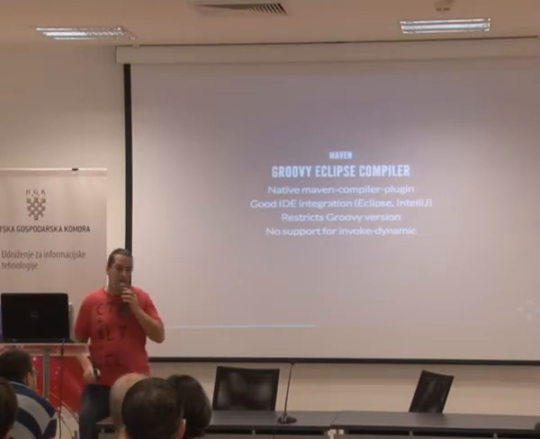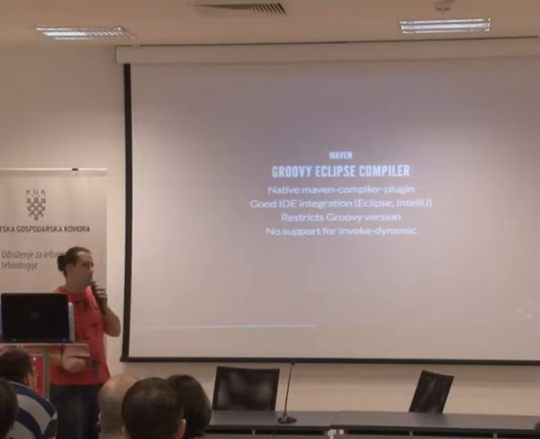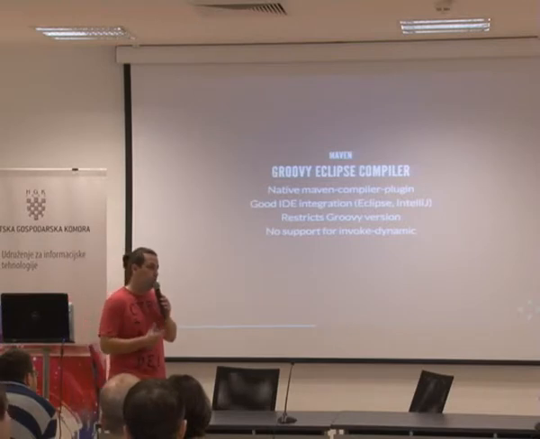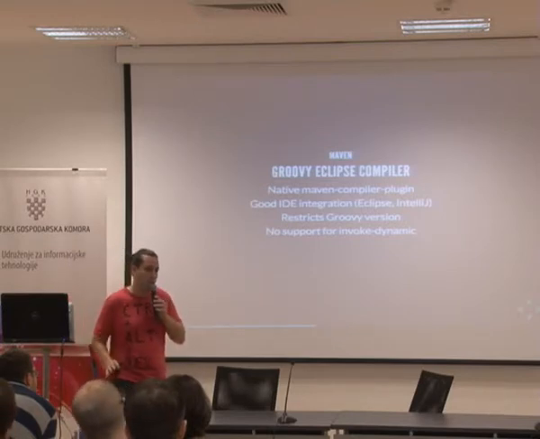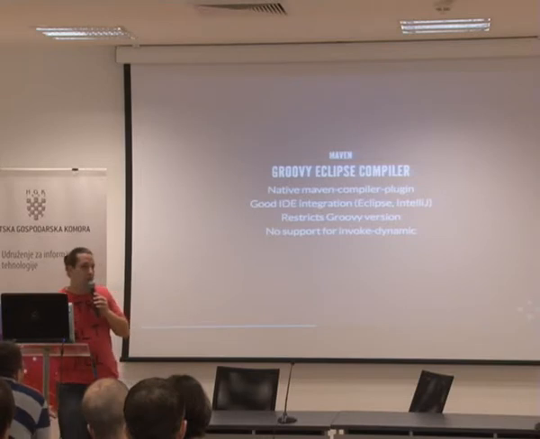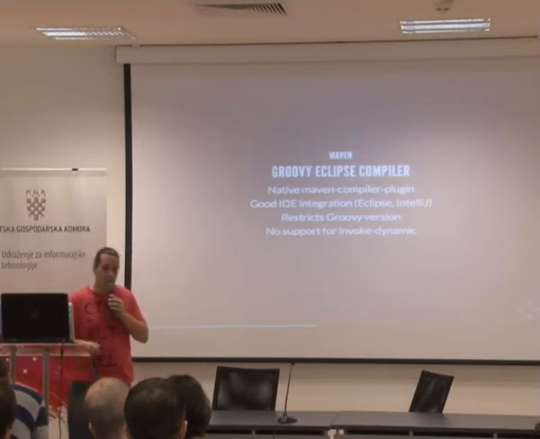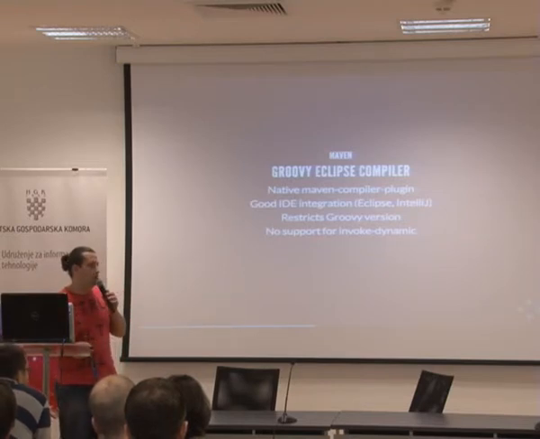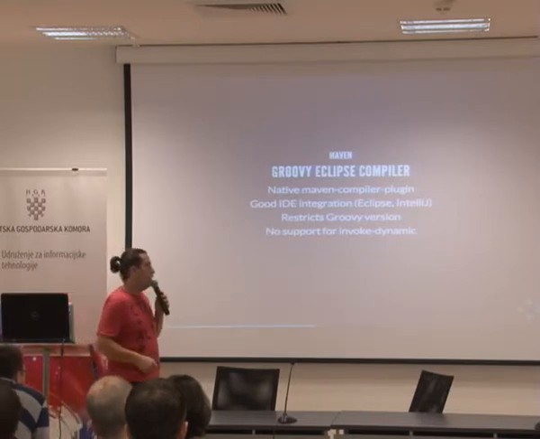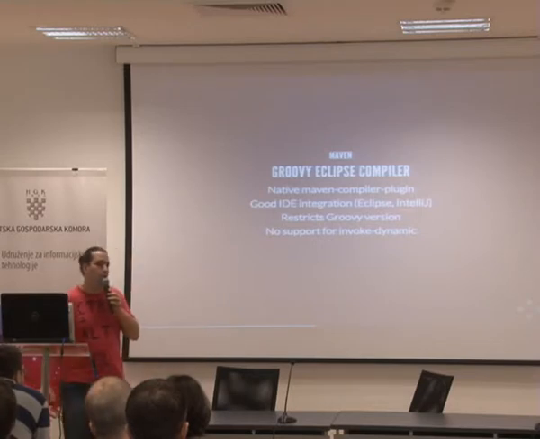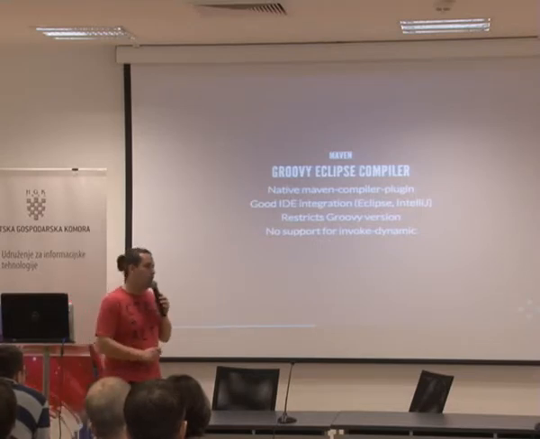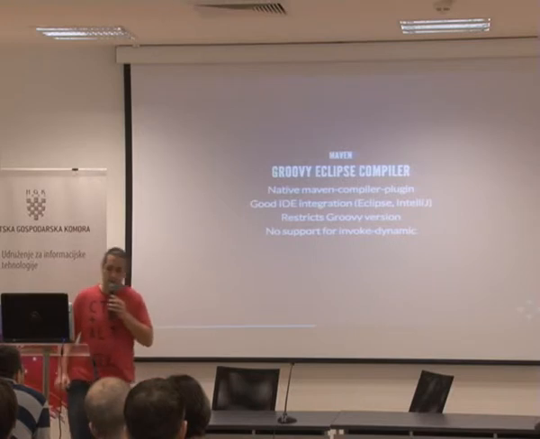The problem also is it restricts the version of Groovy we can use. Groovy Eclipse compiler, one version of Groovy. Usually it lags behind a bit from regular Groovy compilers, so you might have to check which version of Groovy you should be running on. And there is no support for invokedynamic or Groovy indy in the Groovy Eclipse compiler.